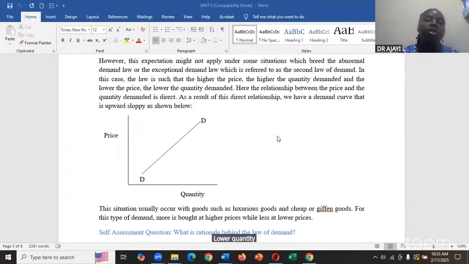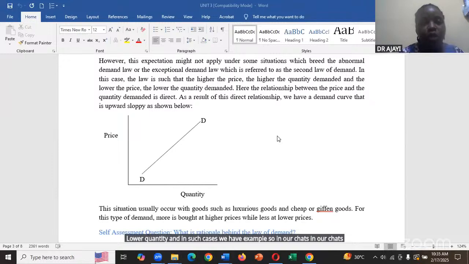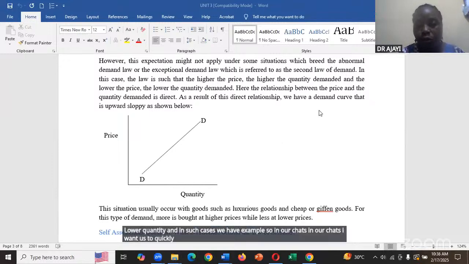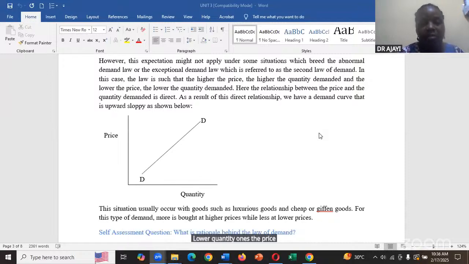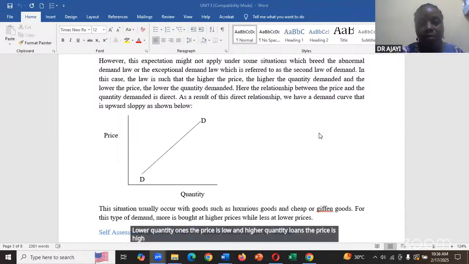In such cases, we have examples. So in our charts, I want us to quickly put in examples of goods that exhibit lower quantity once the price is low, and higher quantity once the price is high. We have typical examples, and I'm sure some of us are familiar with that. As we move on with the class, you can still put it up in the chat.